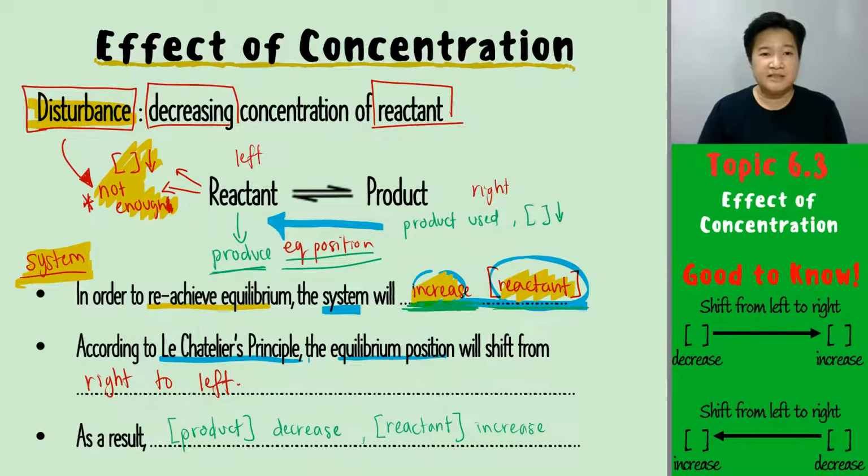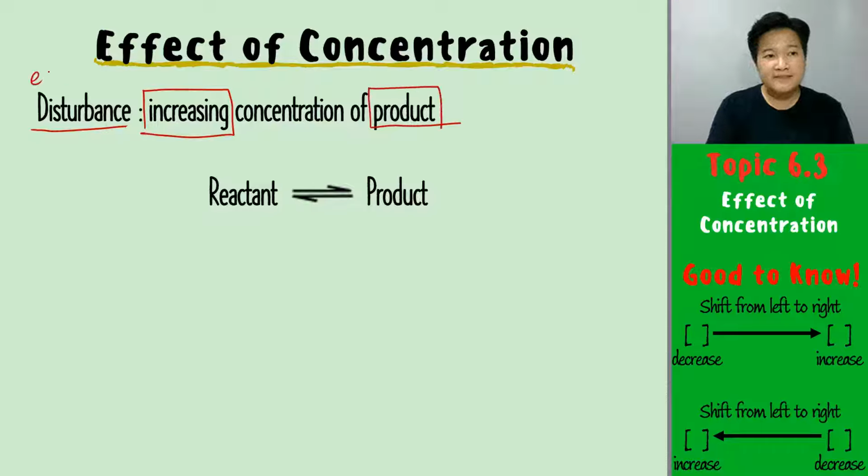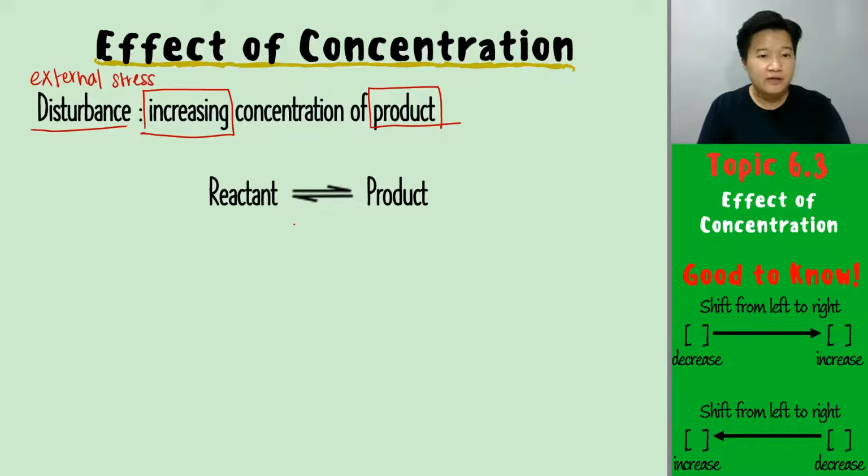Okay? Easy. Next, something very similar, but now we are looking at the disturbance that happened to the product. What happened when you try to increase the product? Okay? So your external stress or your disturbance right now is trying to increase the product. So what do you think your system will do when you have too much product?